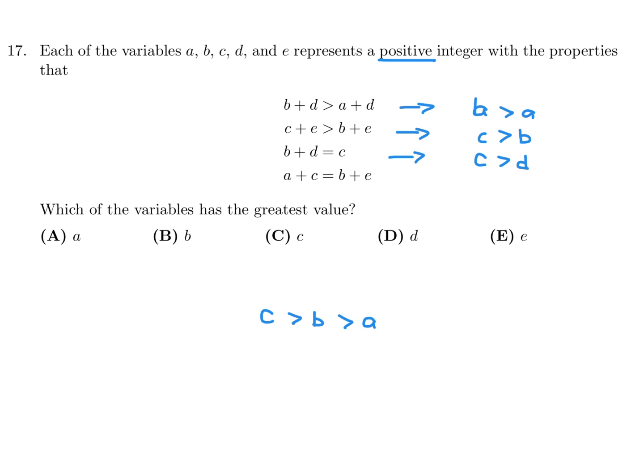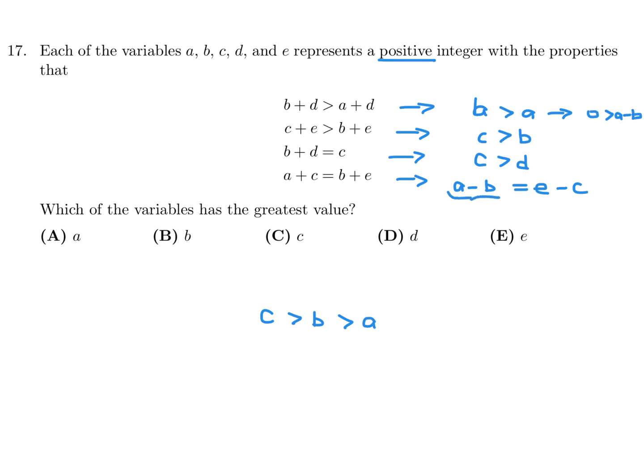And the last one, A plus C is equal to B plus E. Okay, that one, let's see here. If I put A and B on one side, and E and C on this side, and then since B is greater than A, sorry, A minus B is what I really should be looking at. A minus B would be less than 0.